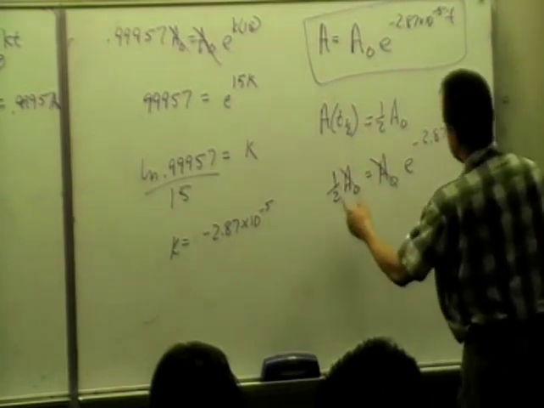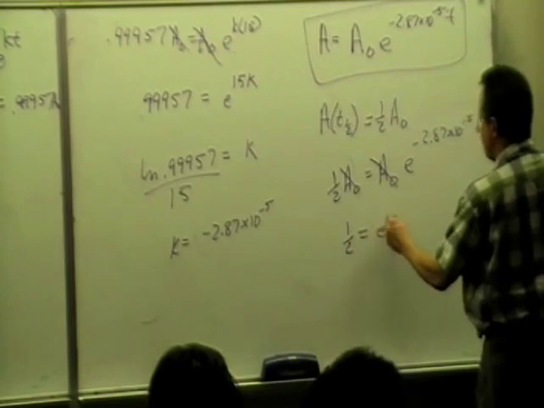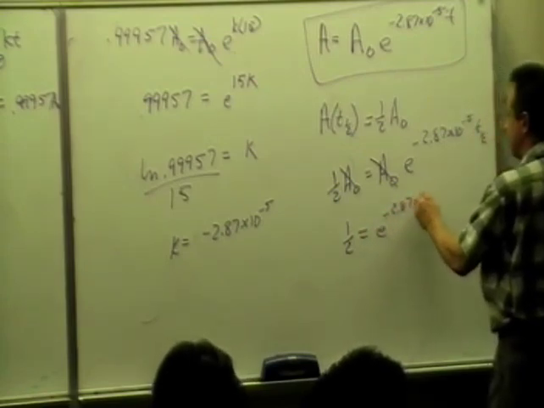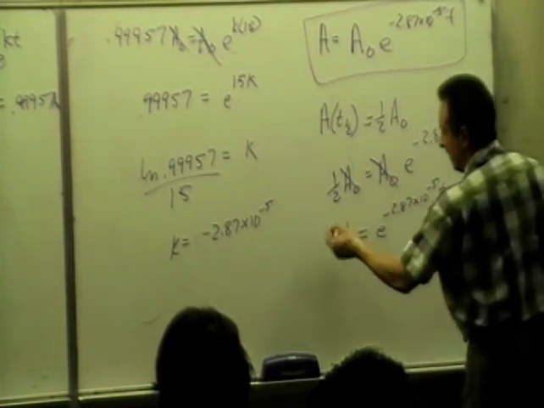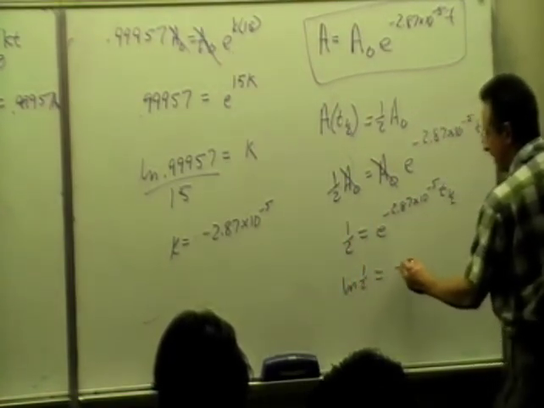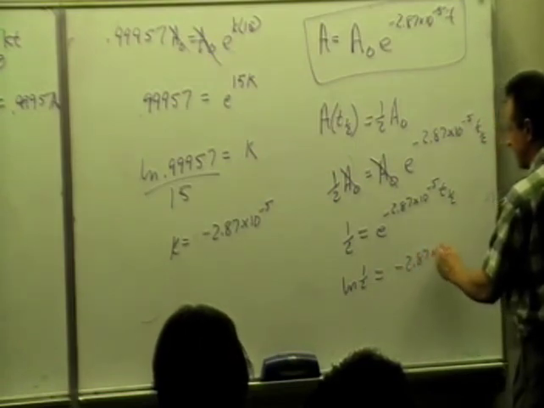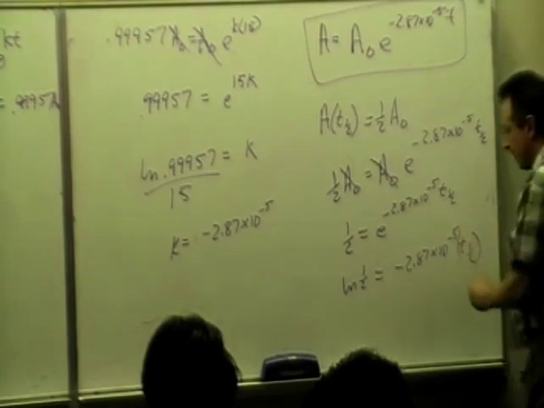This cancels with this. You get 1/2 equaling e to the minus 2.87 times 10 to the minus 5th, and it's just algebra now. Take the ln of both sides, you get the ln of 1/2 equaling a negative 2.87 times 10 to the minus 5 t to the 1/2.